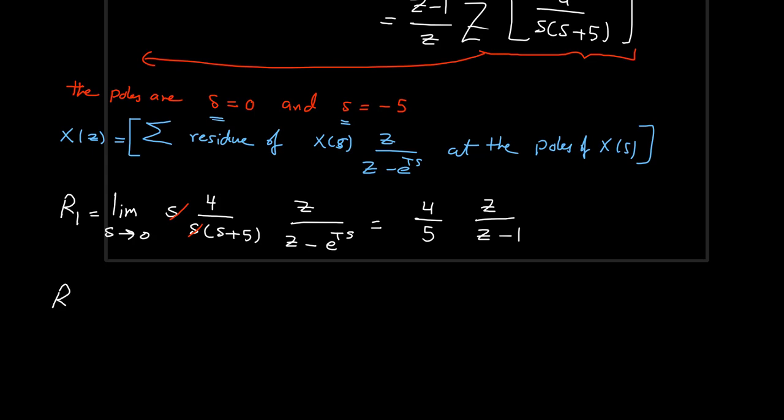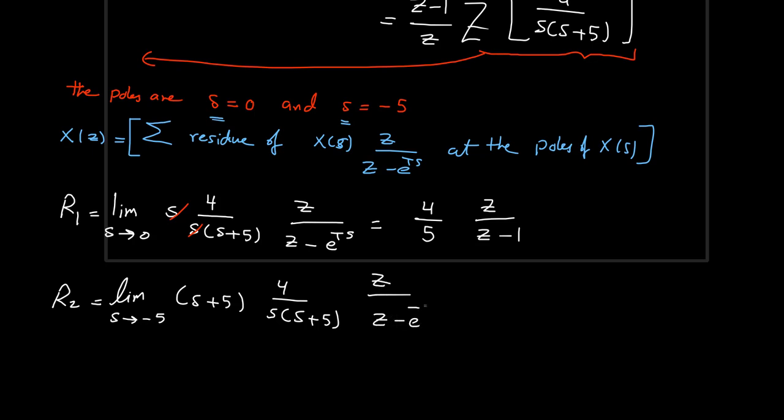Now the second residue R2, which is at s equal to minus 5, will be the limit when s goes to minus 5 of s plus 5 multiplied by the function itself, 4 over s plus 5 z over z minus exponential of T s. Now if we evaluate, this will equal minus 4 over 5 z over z minus exponential minus 5T.